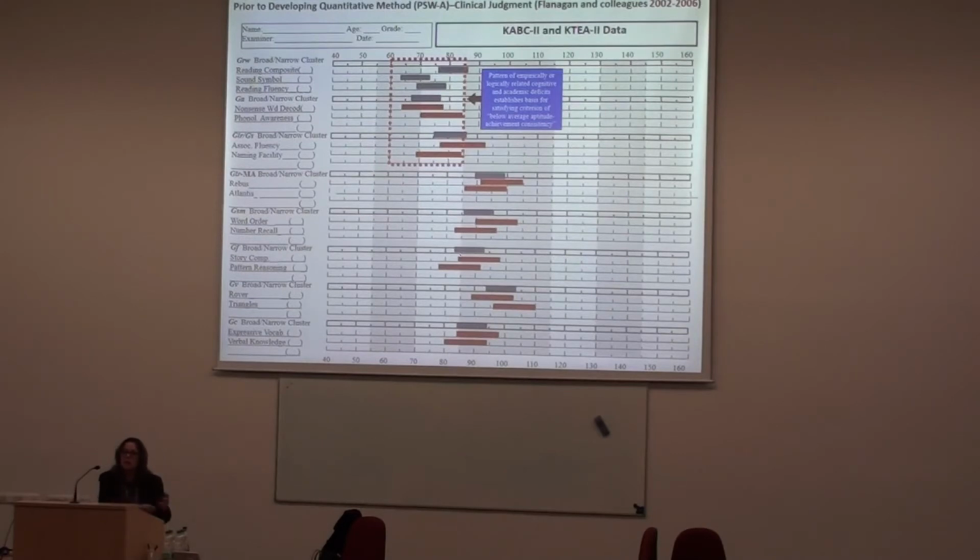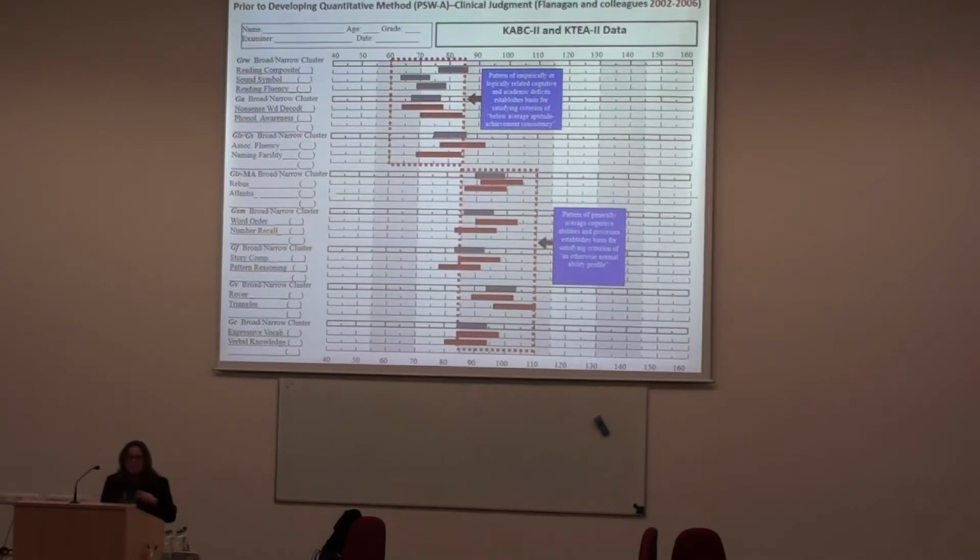You have your cognitive weaknesses in phonological processing and naming facility, and you have your academic weaknesses in basic reading skills. So that's a pattern of empirically or logically related cognitive and academic deficits. That's what we call a below average aptitude achievement consistency. That's the consistency between the two bottom ovals.